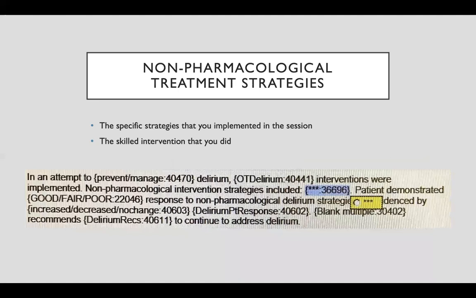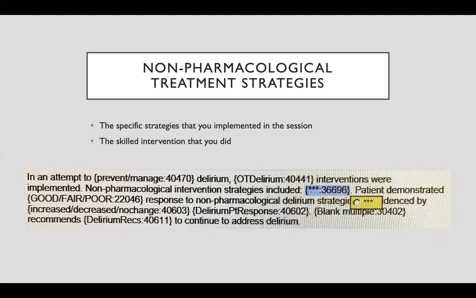So here we're looking at non-pharmacological treatment strategies for the next part. So the specific strategies that you implemented in the session, and this is think about the skilled intervention that you did. So these are kind of under the umbrella of the bigger interventions that were chosen previously. So again, the specific interventions and what you facilitated throughout the session to address delirium within the framework of the larger intervention.